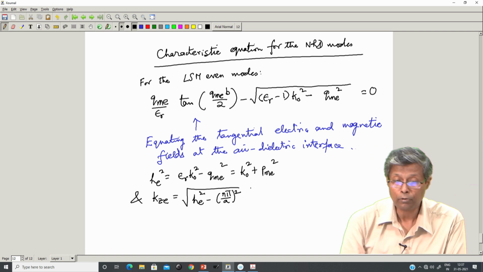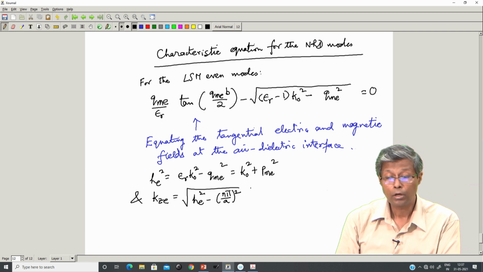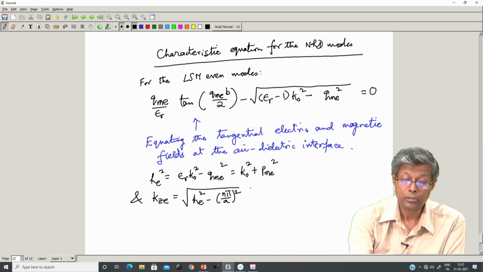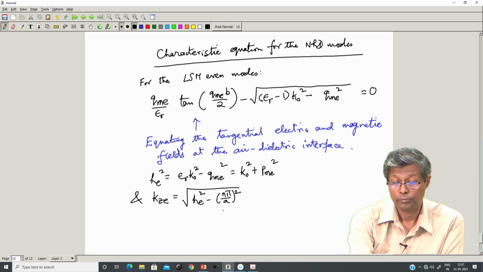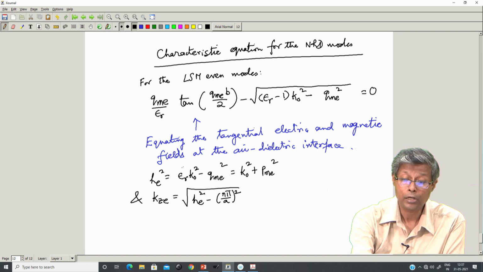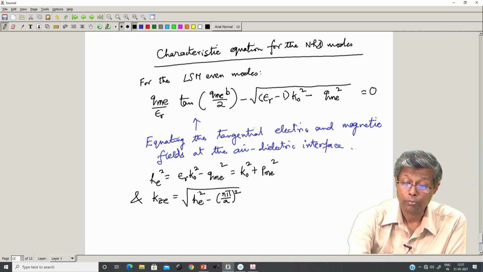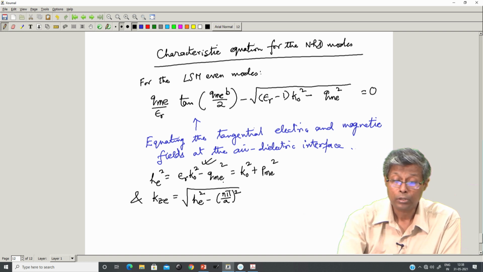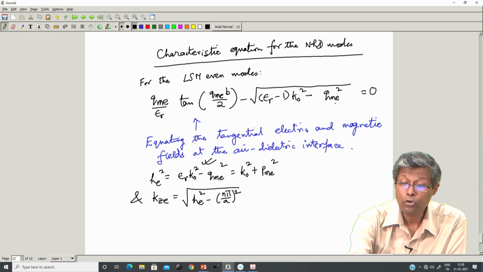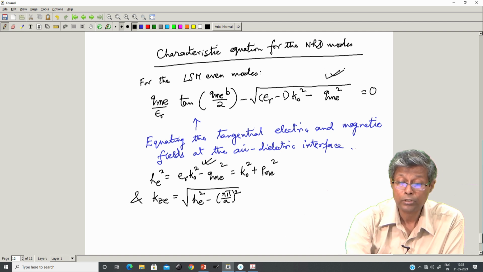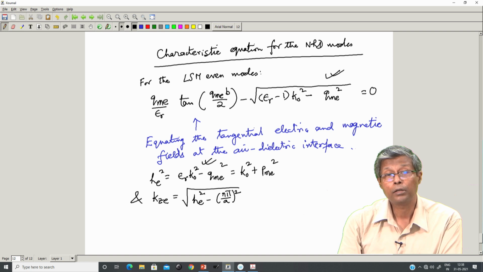So, if you want to find the cutoff frequency for the LSM even mode, we have to set k_ze equal to 0, whence h_e is equal to n pi by a, or h_e square equal to (n pi by a) whole square. That will yield the relationship between k naught square and q_me square. Then we can replace q_me square in this equation by k naught square and find the cutoff frequency of the LSM even mode.